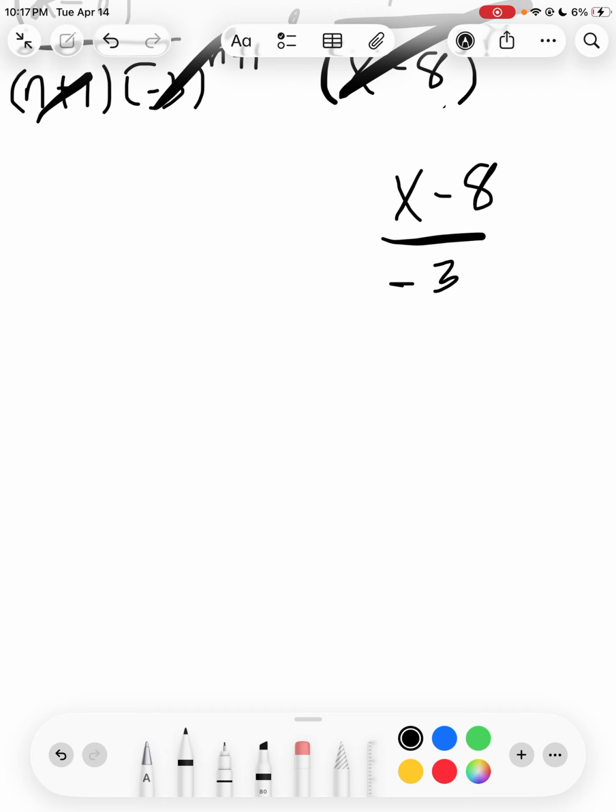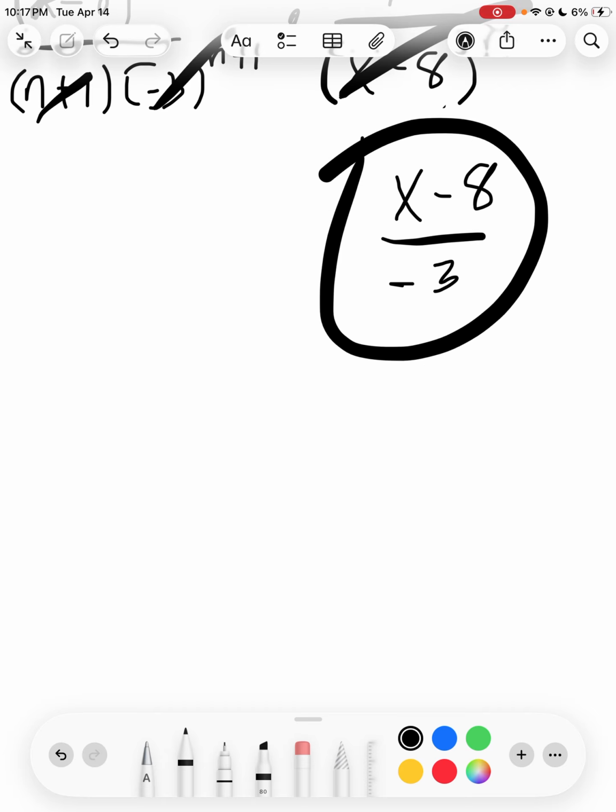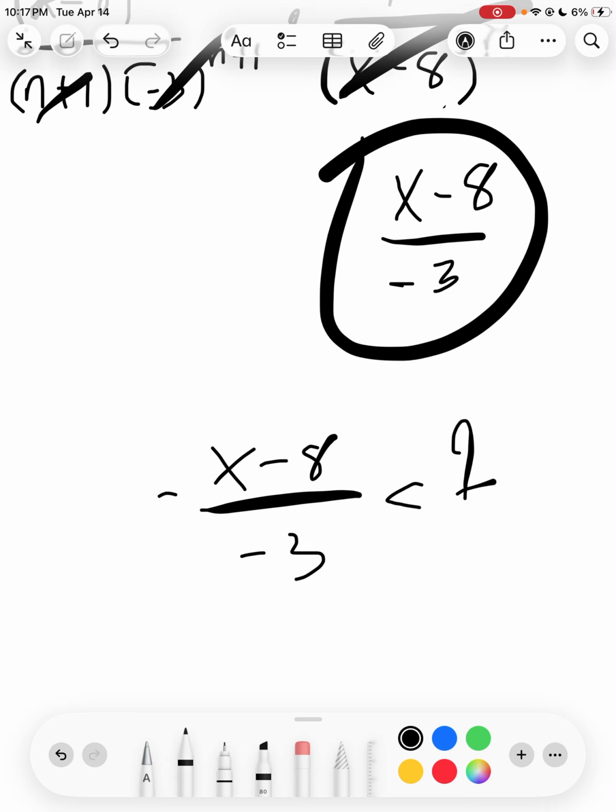Okay, so we're going to set this less than 1, like we did with the radius of convergence. So it's basically the same steps, right? We're going to multiply this by negative 3. The next step was to isolate x. And when we divide or multiply by a negative, we always flip the sign.